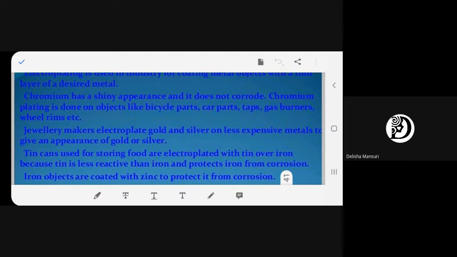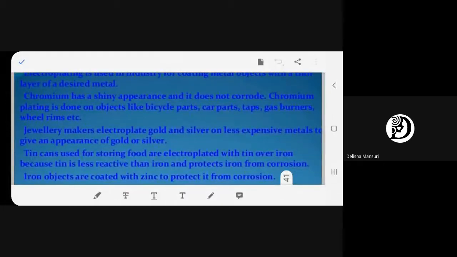Now we have tin cans. At home you can get those tin cans with stored, preserved food. These tin cans are used for storing food, but we know that iron reacts with food very much. So we coat the iron metal with tin because tin is less reactive than iron, and the taste of the food remains as such for a long period of time.